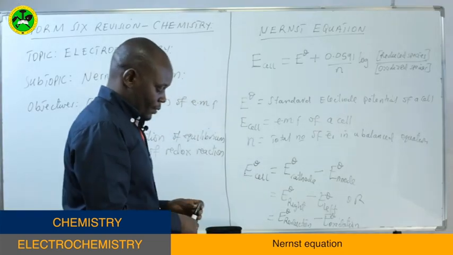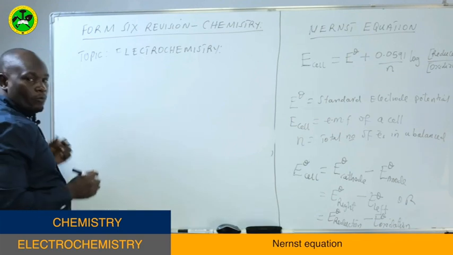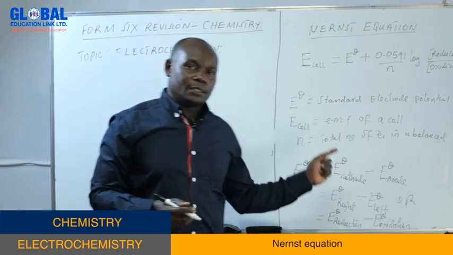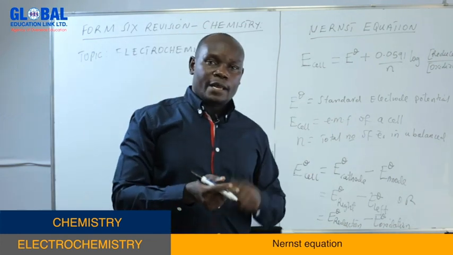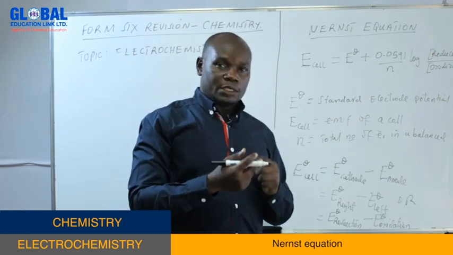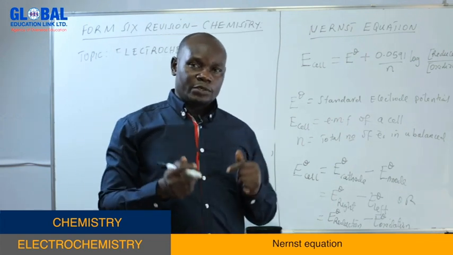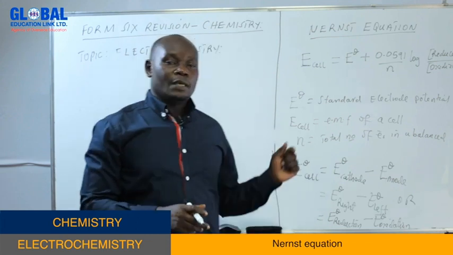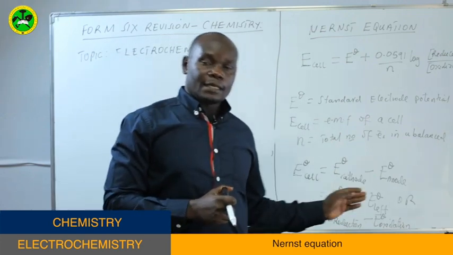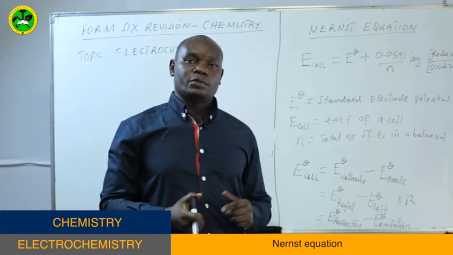Remember that when you are given the standard electrode potentials, the species which is oxidized is the one with the more negative standard electrode potential, or the less positive standard electrode potential. And the species which is reduced is the one with the less negative standard electrode potential or the higher positive standard electrode potential.